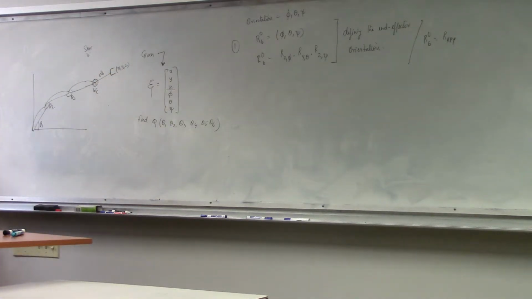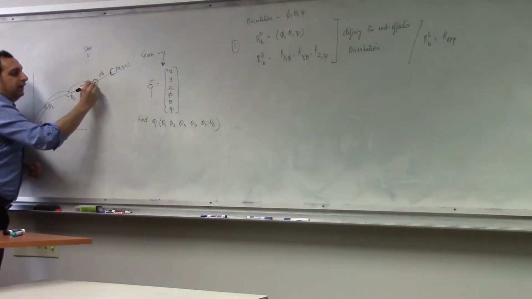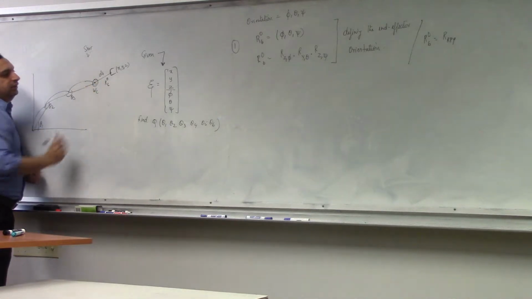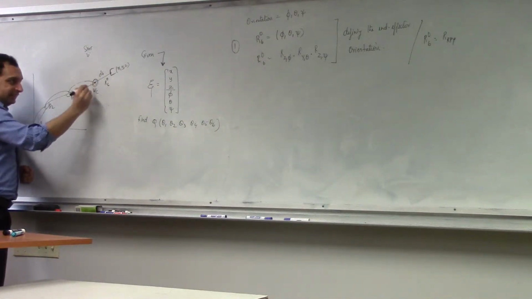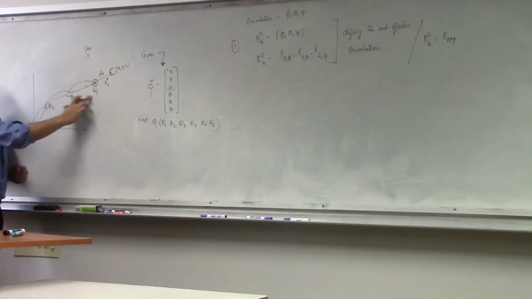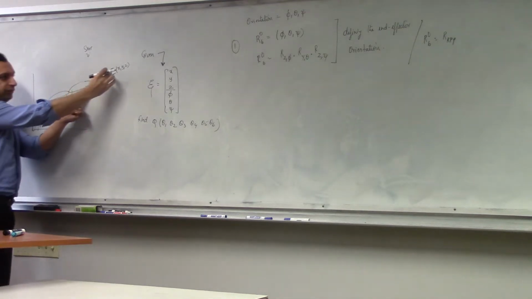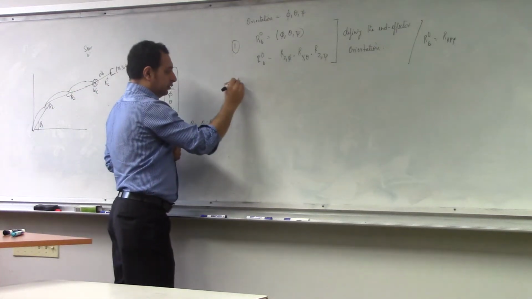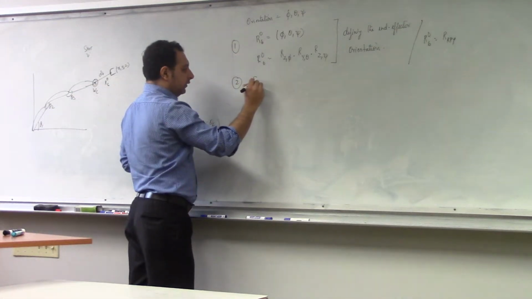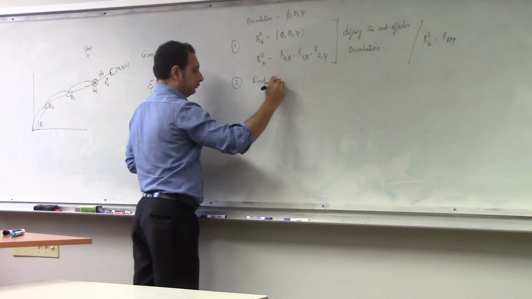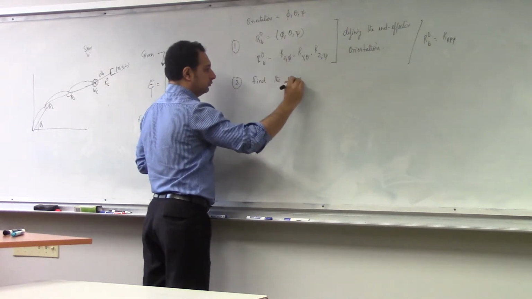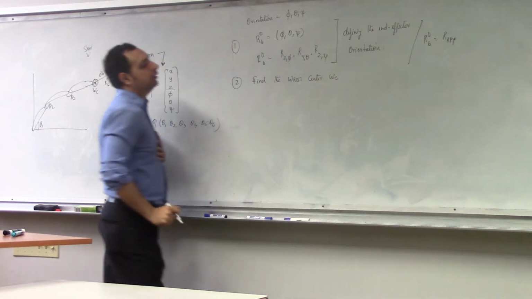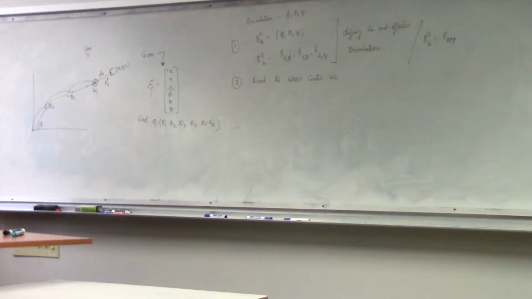From here, we know that the orientation is defined by R06, and I know D6. I want to come back to WC. I want to work myself from here to this point. So step 2 is find the wrist center WC.